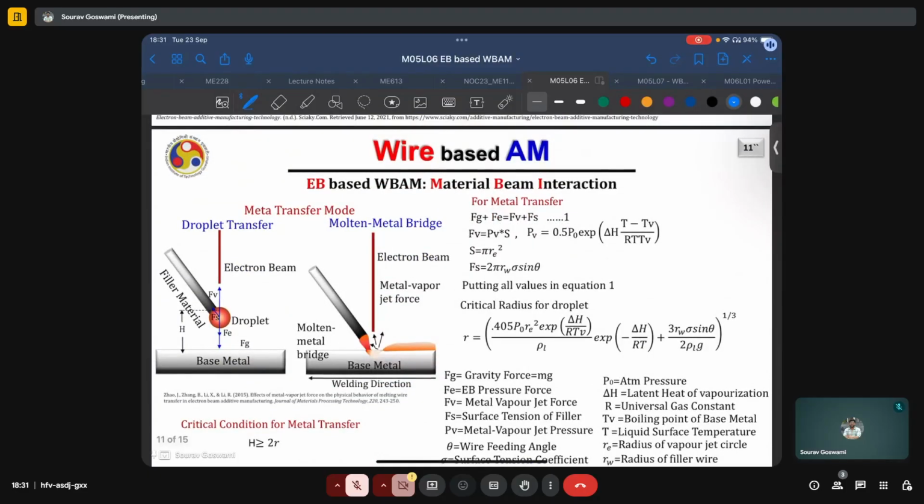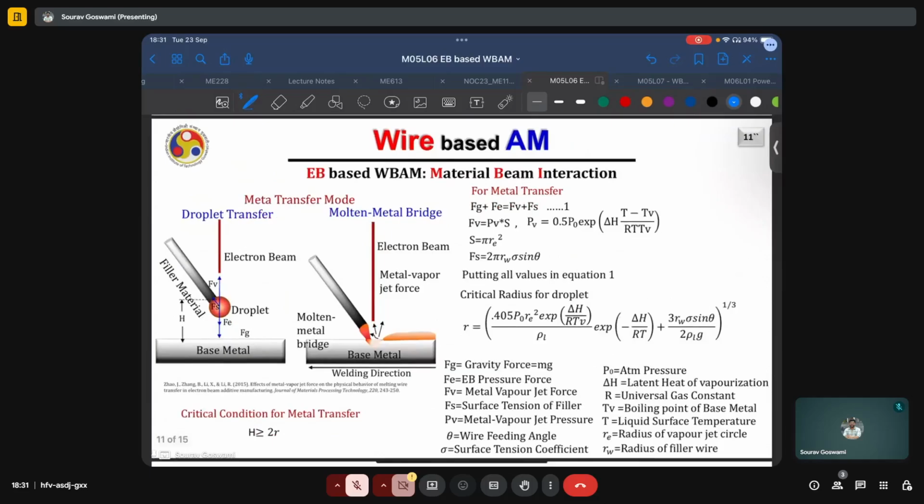Some simplified models have been presented here to model the interaction of the material feedstock with the electron beam. And similar to the case of the other wire-based processes that we saw, the metal transfer mode can be in the droplet transfer form, or it can be the wire stubbing form, or it can be the bridge transfer form.